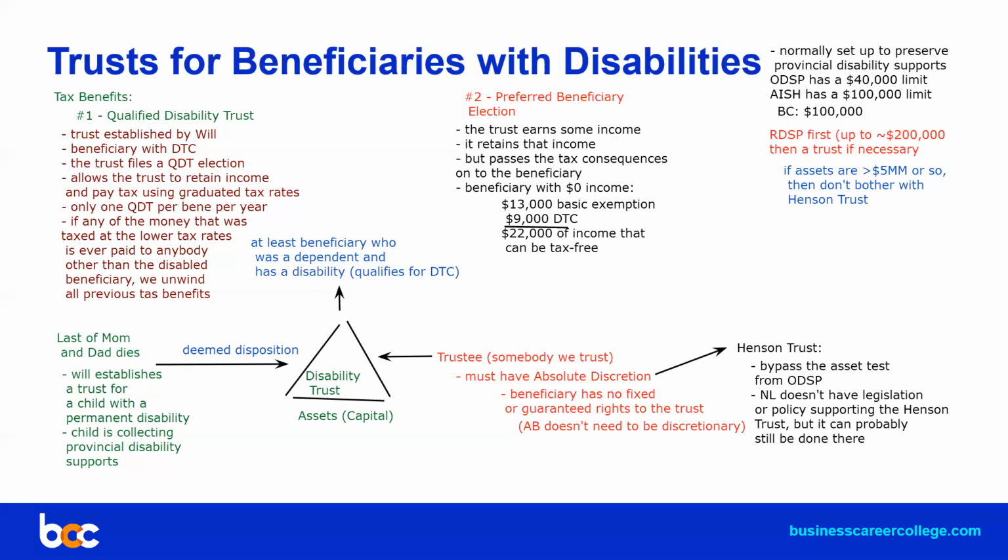It wouldn't be an alter ego trust, at least not for QDT, because you have to die. I can't die and set up an alter ego trust because I'm gone. I'm thinking of a couple or an adult child. You can't do it for an adult child.